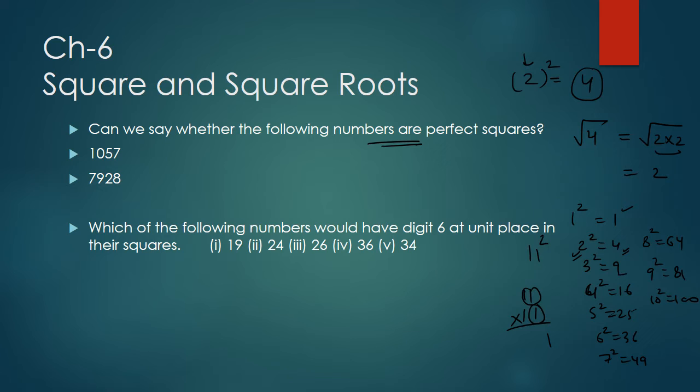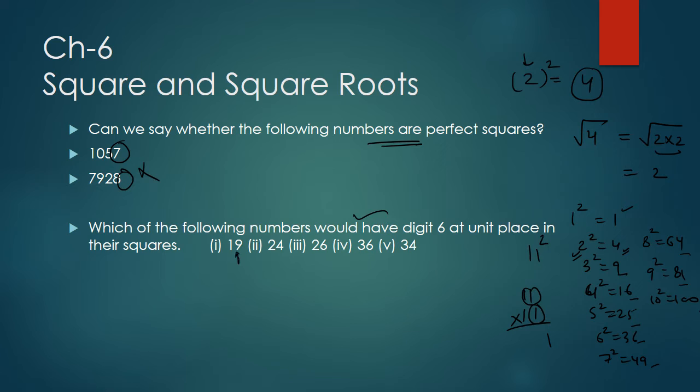You can say that no one in this list is having 7, 3, 8 as unit digits in their numbers, right? So 7, 8, these cannot be a perfect square, correct? Now, which of the following numbers would have 6 at unit digit?